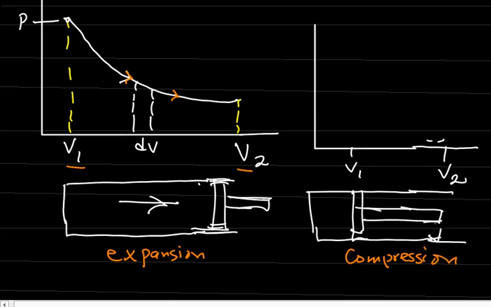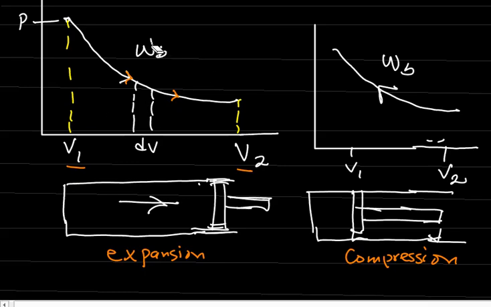Now one thing about compression is this: if the compression also moves in the same path, from V2 back to V1, then no work is done, because the boundary work done here will cancel the boundary work done earlier. So at the end of the day, the work is zero.